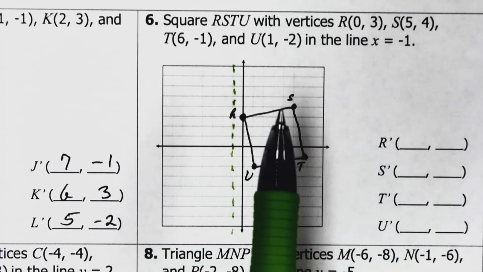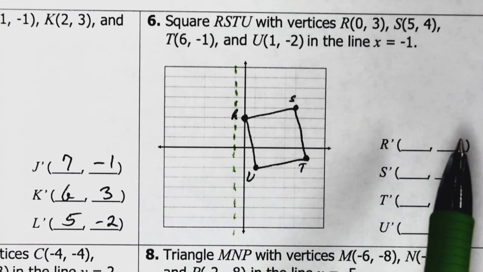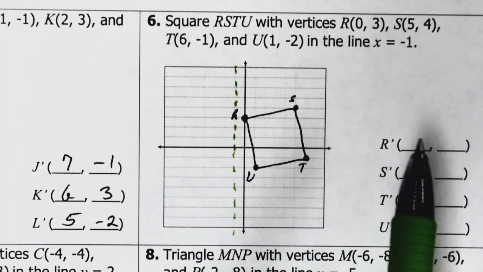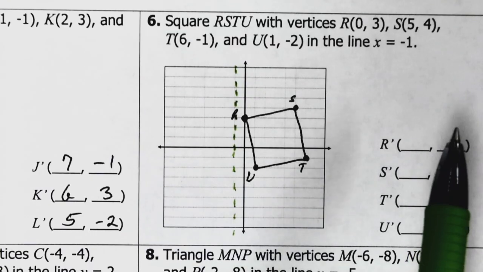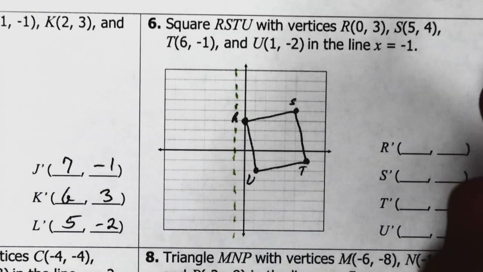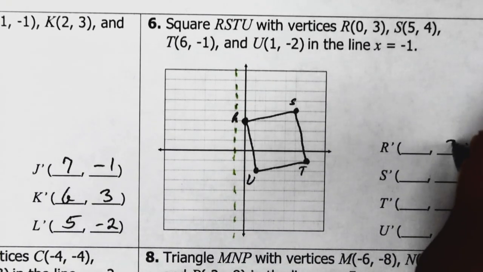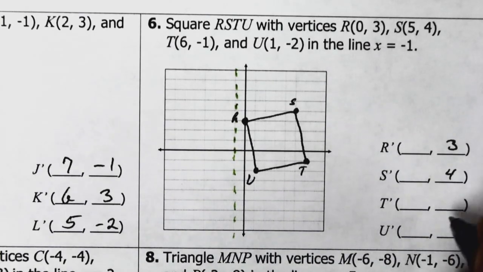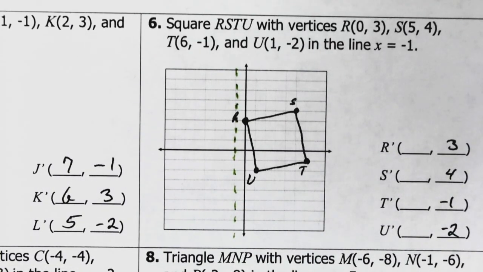Right away, if you want to save yourself some time, once again, we're going left and right, so the y's are not going to change. So you can just go ahead and fill out all of the y coordinates. So R is going to stay 3, S is going to stay 4, T is going to stay negative 1, and U is going to stay negative 2. And then all we have to do is just get the other ones.